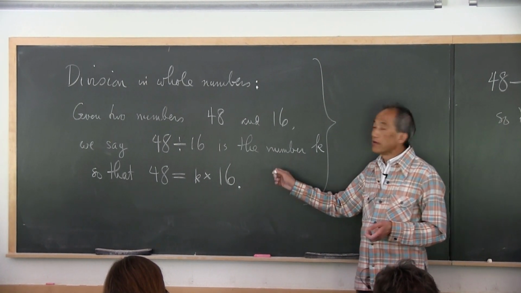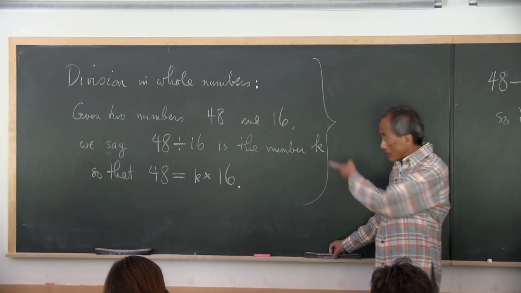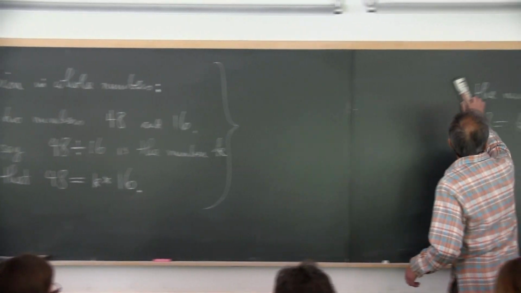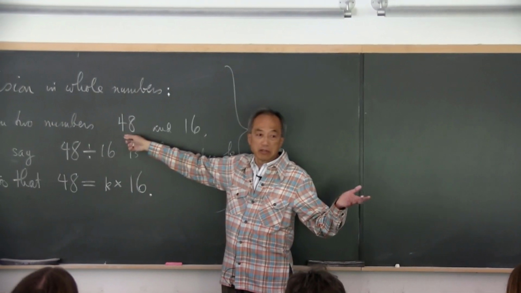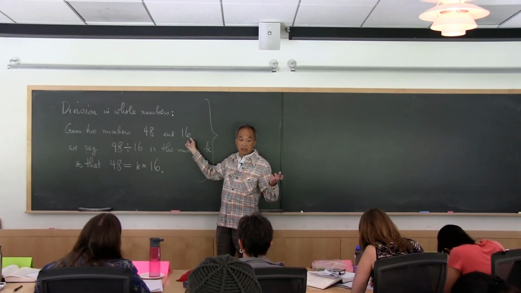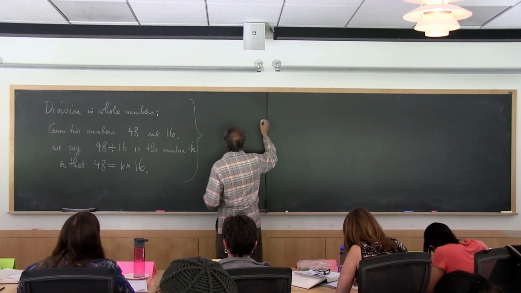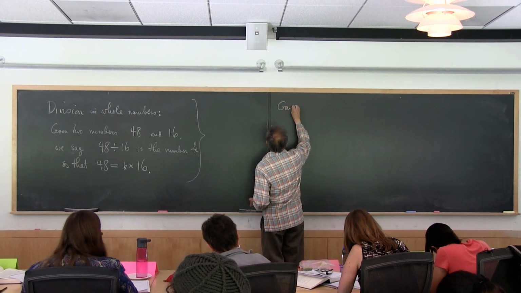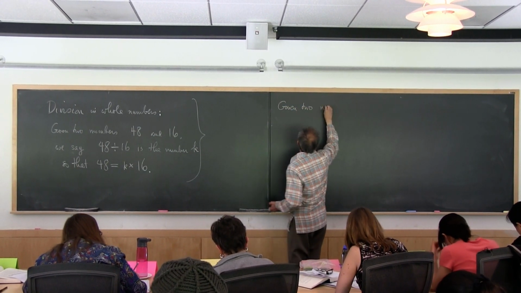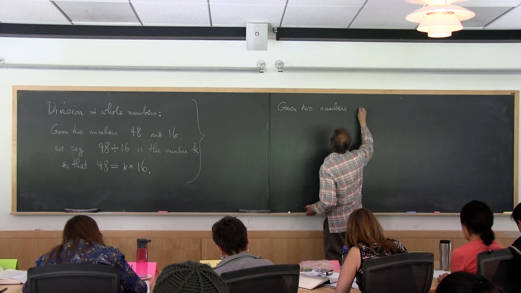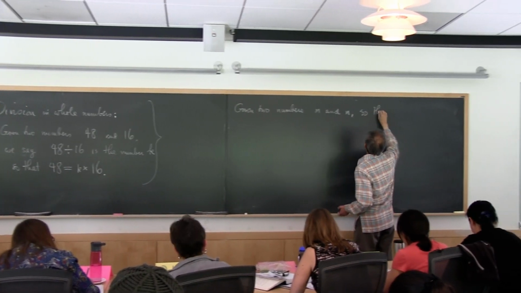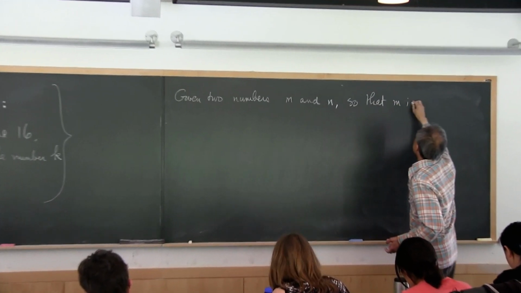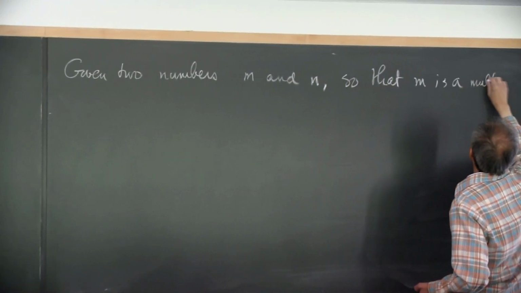So this is our official definition of division. Now, of course, I cannot just leave it at that, right? So what is at stake here? Of course, I chose my numbers properly. This has been pre-chosen to be a multiple of 16. So here is the official definition. Given two numbers, m and n, so that m is a multiple of n.